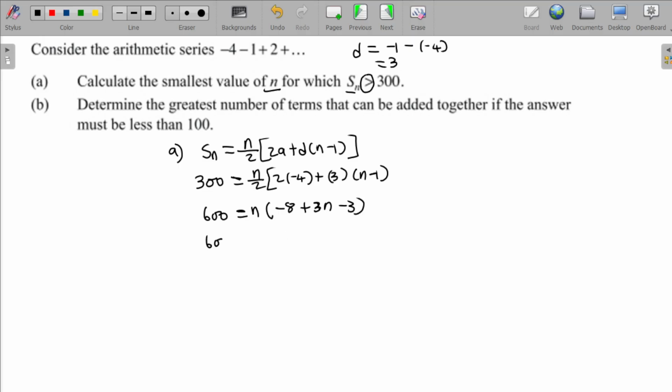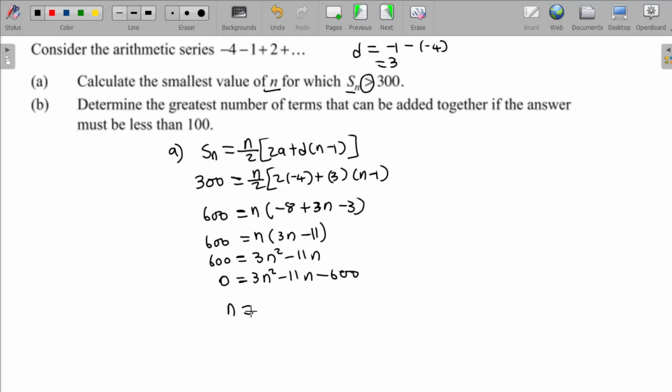So 600 is equal to n into 3n, and negative 8 minus 3 is minus 11. Then we basically have 3n squared minus 11n, so 0 is equal to 3n squared minus 11n minus 600. From here go straight to the quadratic formula.